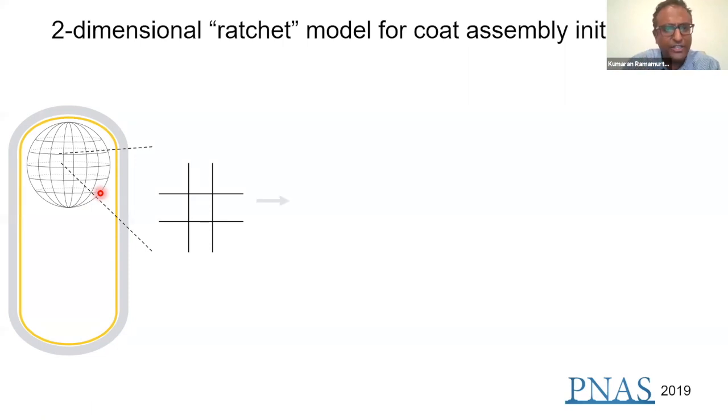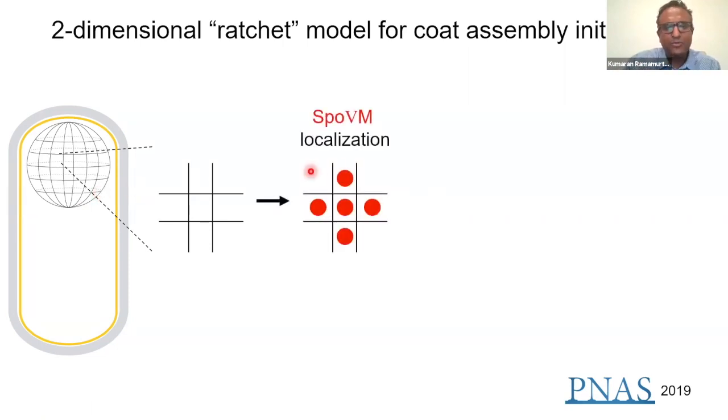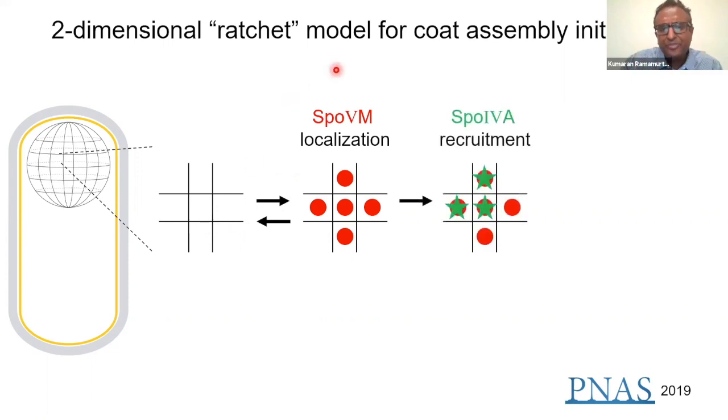So the first protein, SpoVM, can localize to any one of these binding sites. And I showed you earlier that this reaction is actually reversible. So you can bind onto each binding site, and each one of these can pop off at a certain frequency. We envisioned then that the localized SpoVM could recruit the second protein, SpoVA.